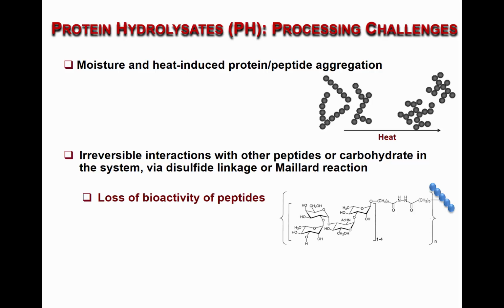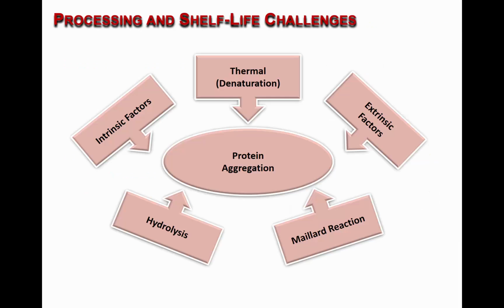And then by doing so, you could lose bioactivity of the peptides if you generated bioactive peptide, and not just that, lose solubility. So there are several factors that lead to protein aggregation.